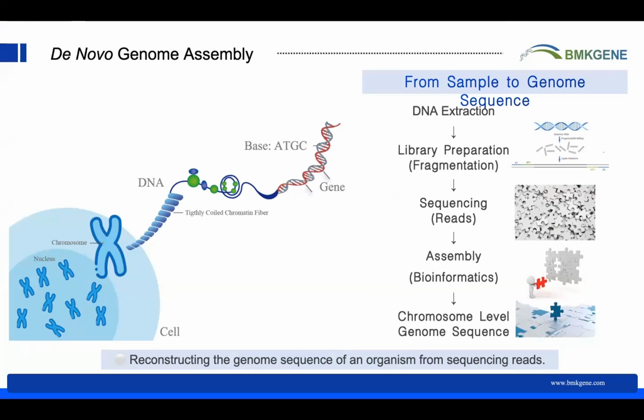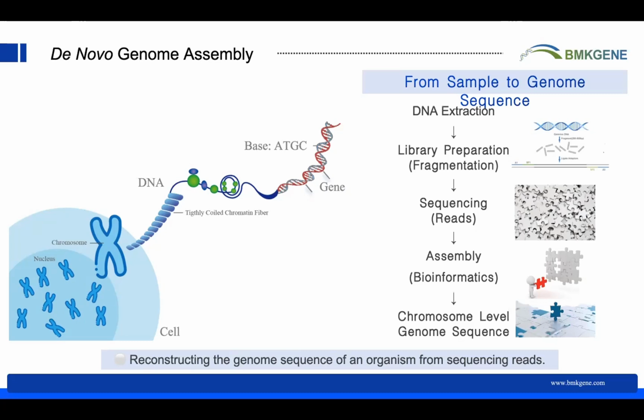If we want to study the genome and know the information of the genome, we need to get the genome sequence, like the base order of A, T, G, C. Then if we want to have an overview of this genome, we need to get all the sequence of each chromosome. So I would say that de novo genome assembly is a process to reconstruct the genome sequence of an organism from the sequencing data.